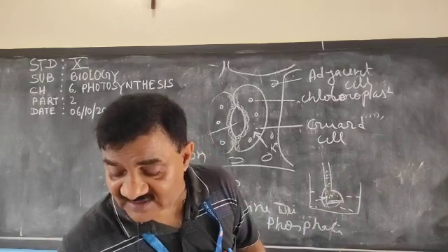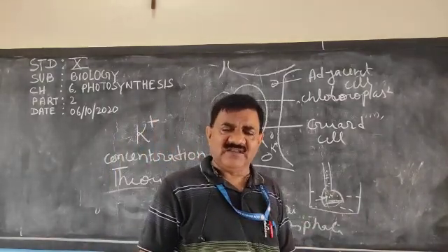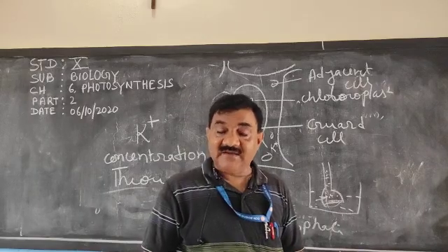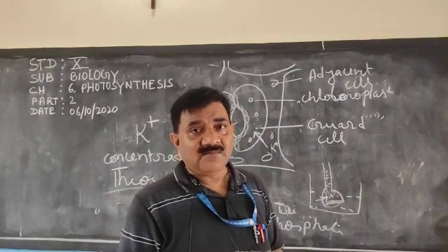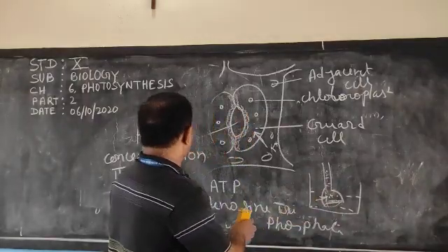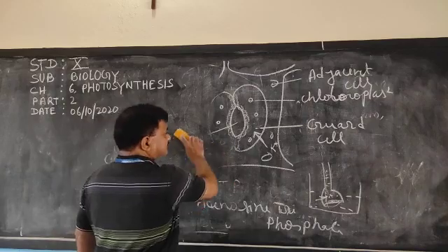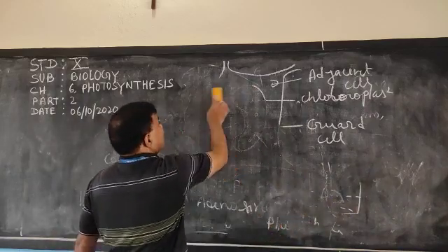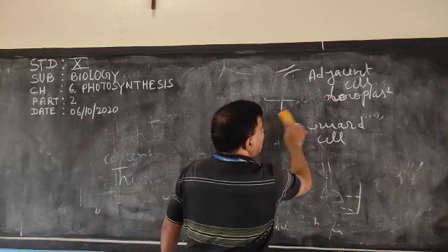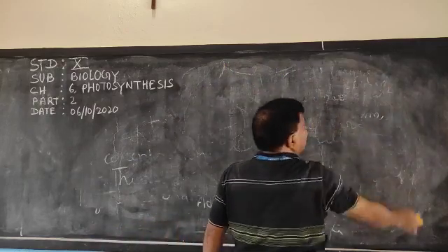We have also discussed that the chloroplast is present in the mesophyll cell, and for photosynthesis carbon dioxide is required. By diffusion, the carbon dioxide enters the chloroplast. We have also discussed that water is required, and water is absorbed by the root from the soil.